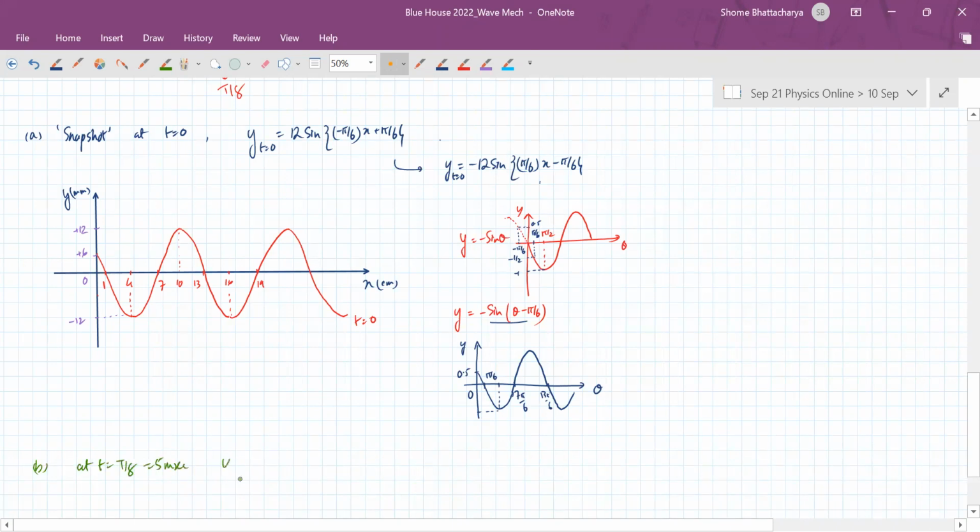So we can of course write that like this: pi by 4 plus pi by 6.